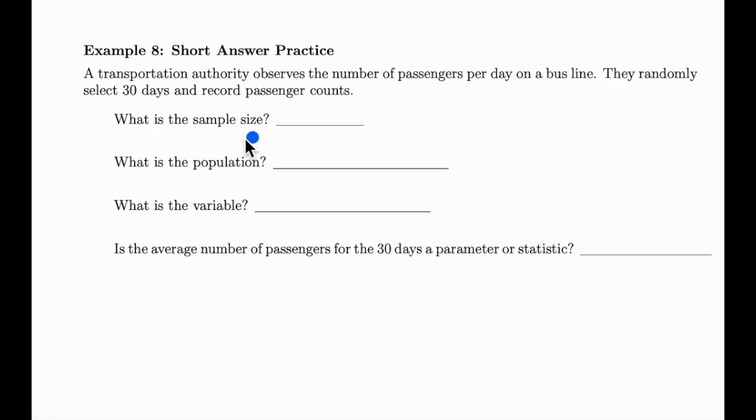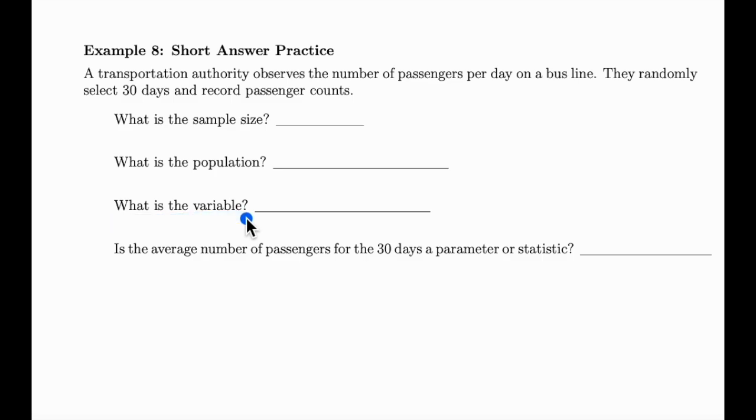Now, the population, if we look at the next part, the population consists of all the possible days the bus line operates. That's what we're trying to focus on. What is the variable? That is the question that we're trying to ask, right?